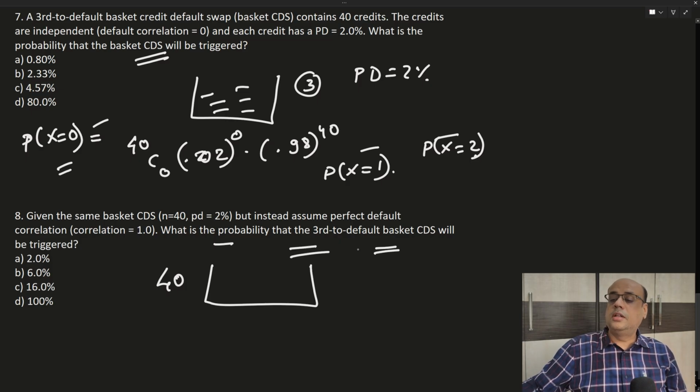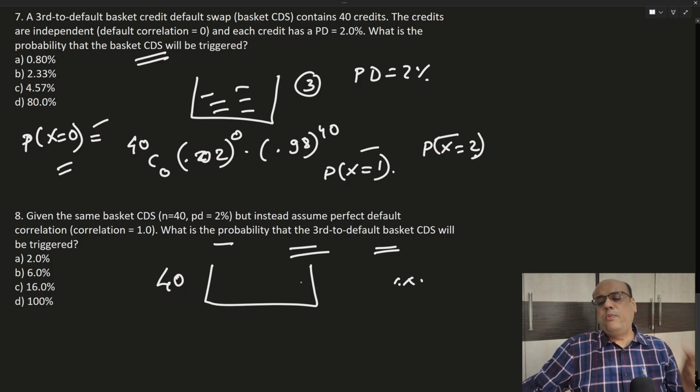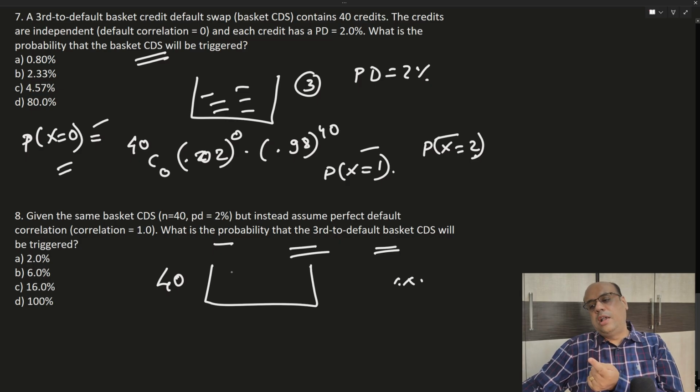It is 2%. It will never be 2% into 2% into 2% like that, because if one defaults, the entire thing defaults, since this is 100% correlated.